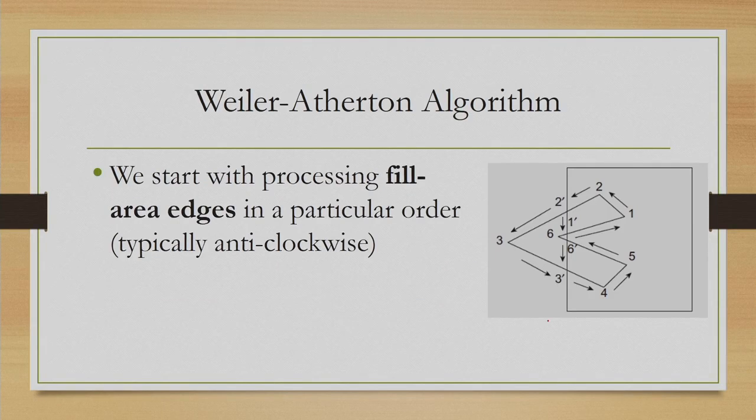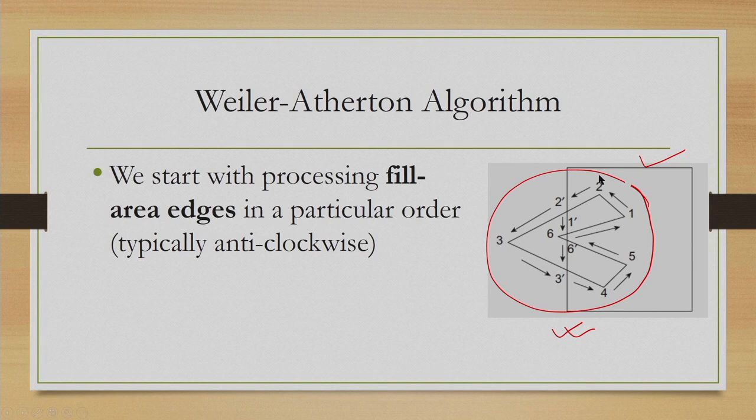We will try to understand the algorithm in terms of an example rather than formal steps. Let us consider this scenario. Here we have a rectangular clipping window and a fill area.